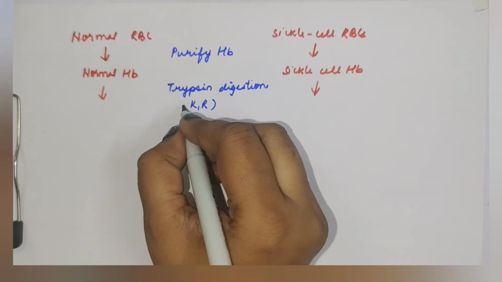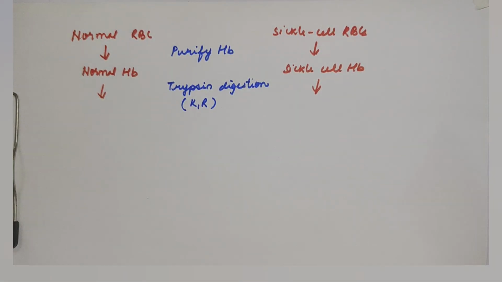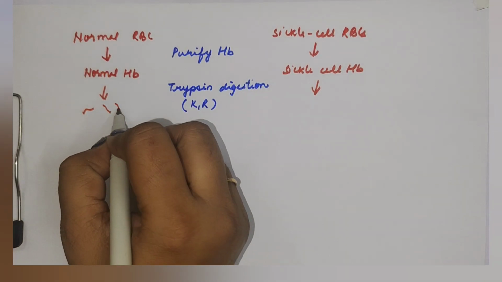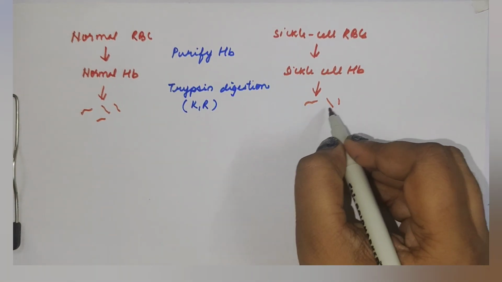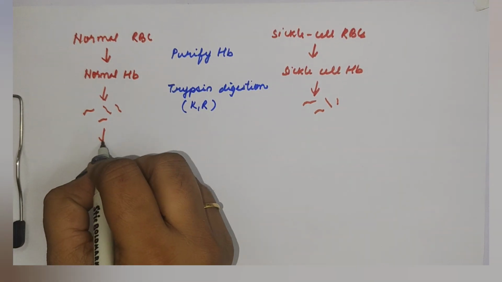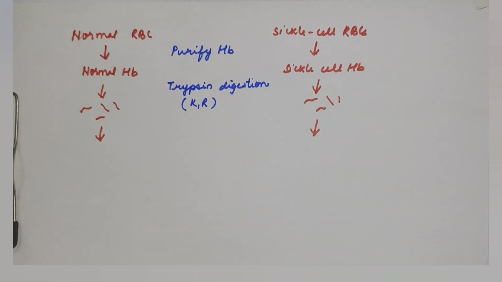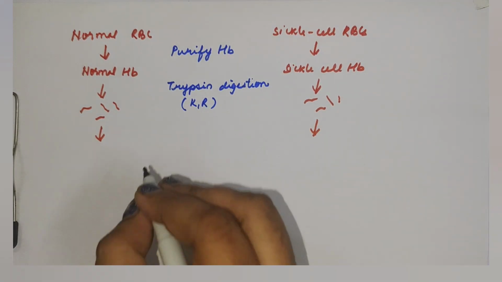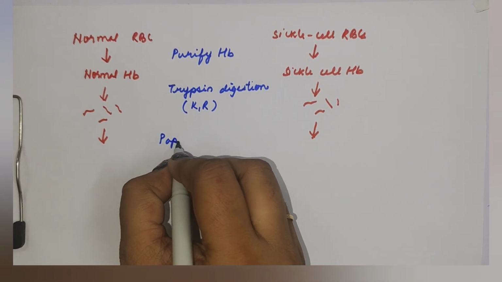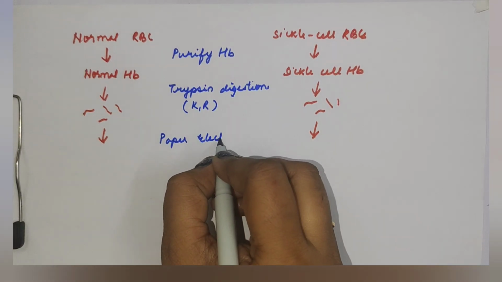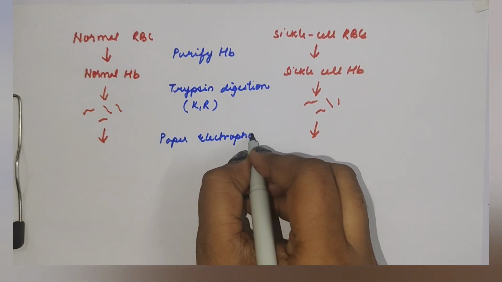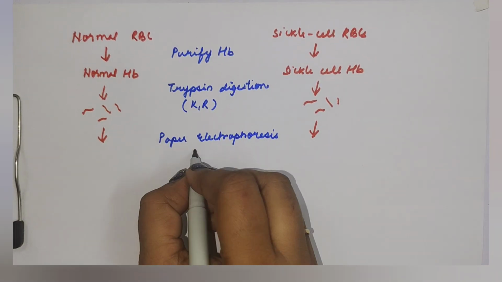Now, trypsin is a proteolytic enzyme. Proteolytic enzyme means that this trypsin will digest or cut protein segments. So, how will it cut the protein segments? There are particular sites where this trypsin enzyme will act.